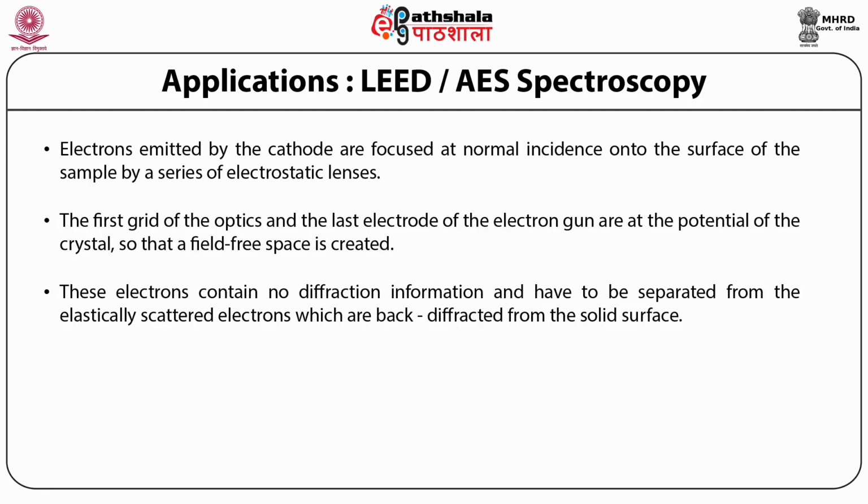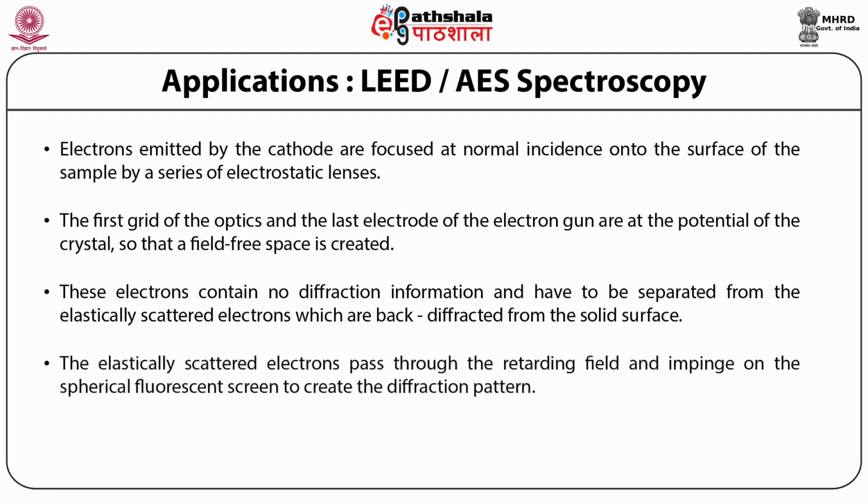After allowing the scattered electrons to drift radially away from the crystal surface, the separation of the elastic and inelastic components is made by using a retarding potential that repels all electrons that have lost energy in the scattering process.